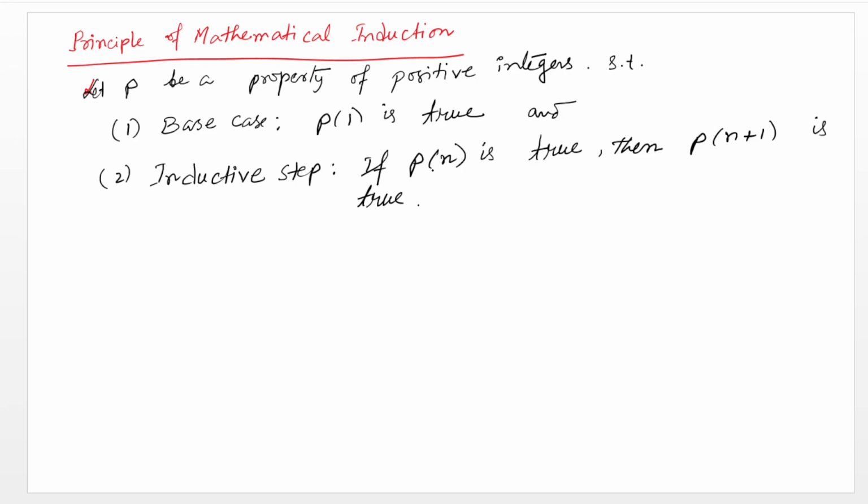Now this P of n in the step is basically called the induction hypothesis.